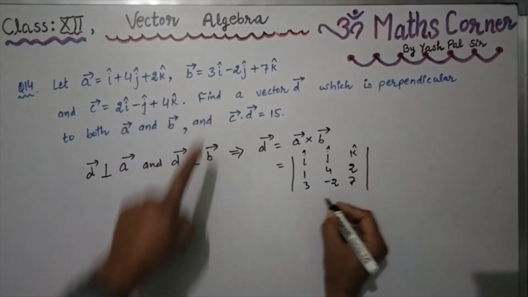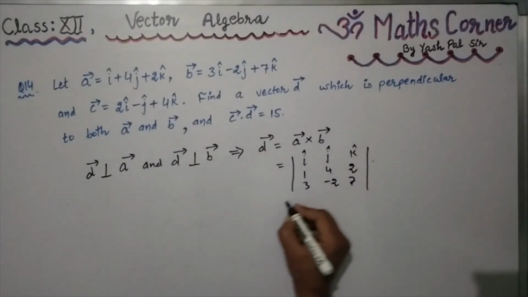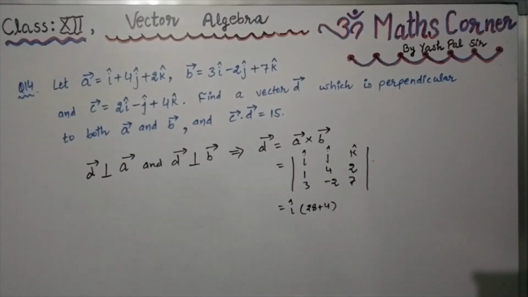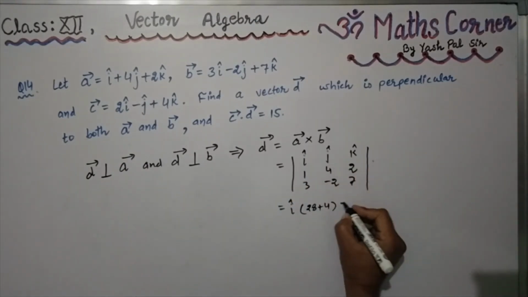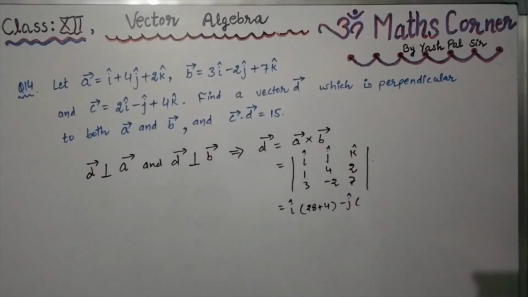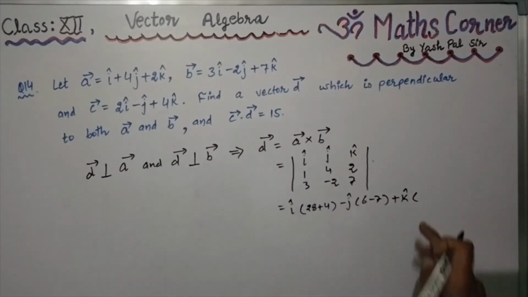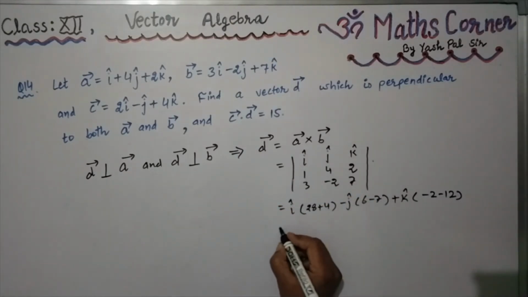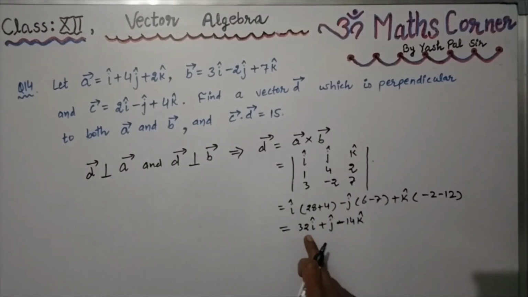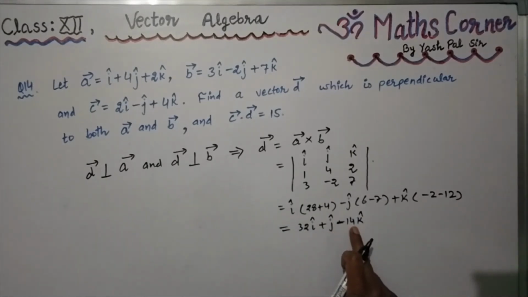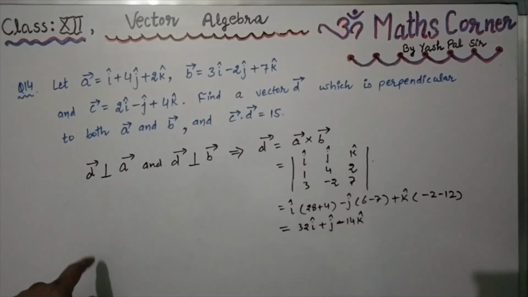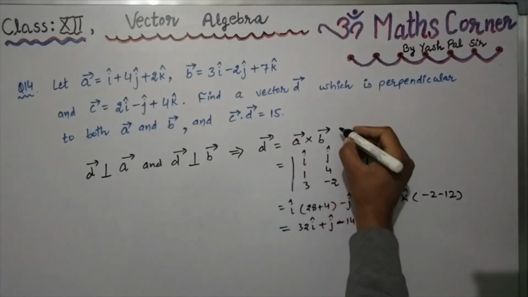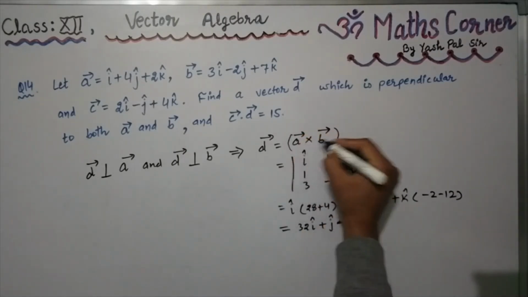Coefficients of A are 1, 4, 2, coefficients of B are 3, minus 2, 7. So this is equal to i into (28 plus 4) minus j into (6 minus 7) plus k into (minus 2 minus 12). So again which is equal to 32i plus j minus 14k.